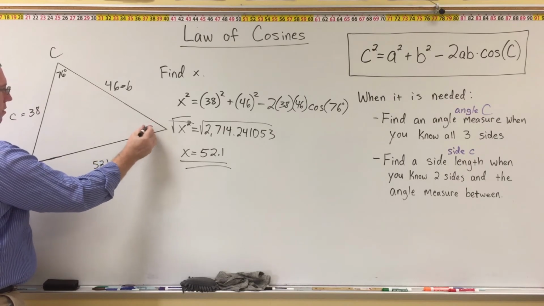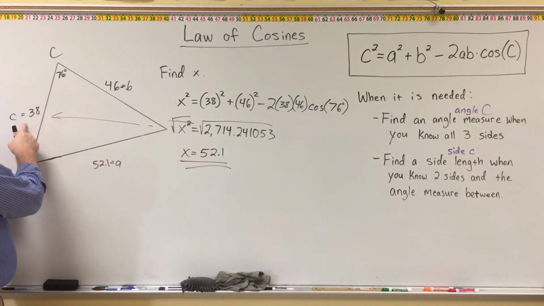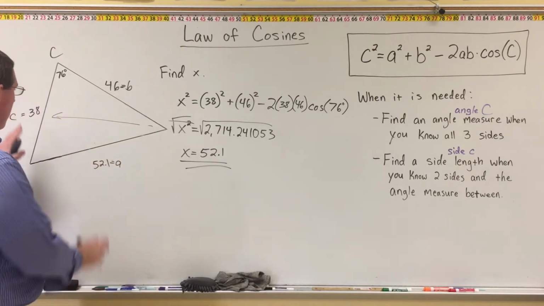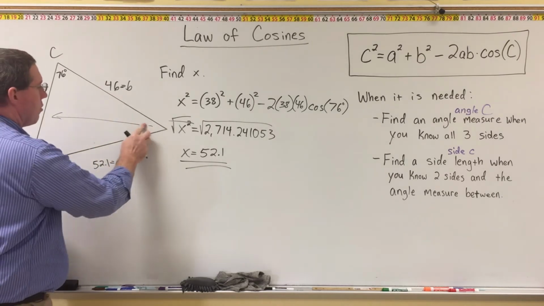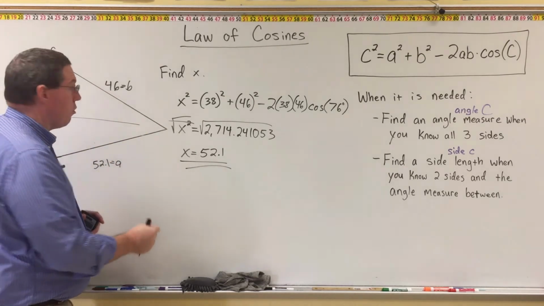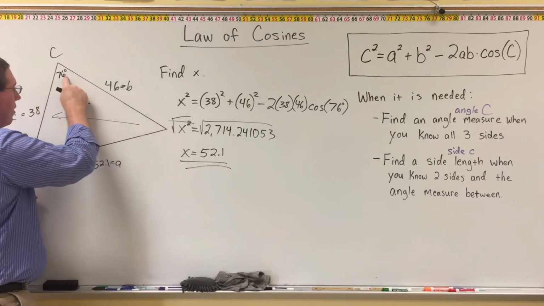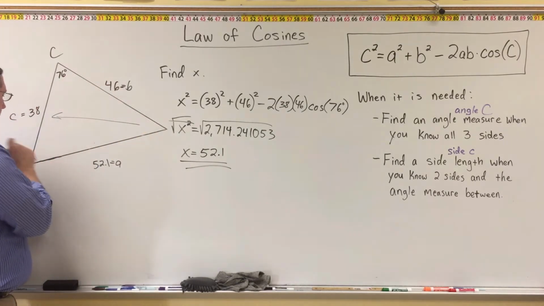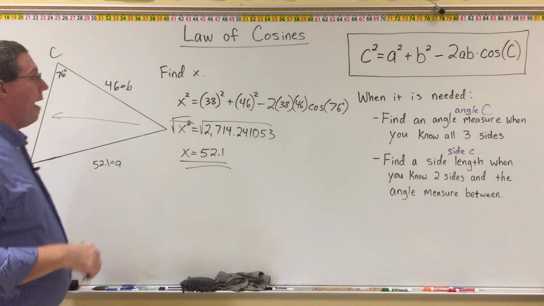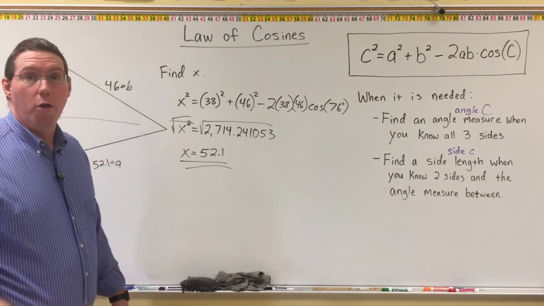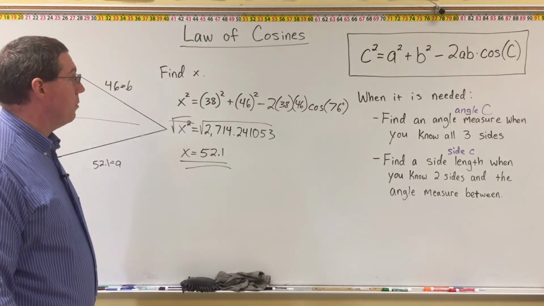So if we're trying to solve for this angle, this one becomes C. Then we can use the law of cosines with these three sides and solve for this angle. Once we have this angle, we have this angle, that will then get us this angle, and we will have all three angles and all three sides, everything we need to know.